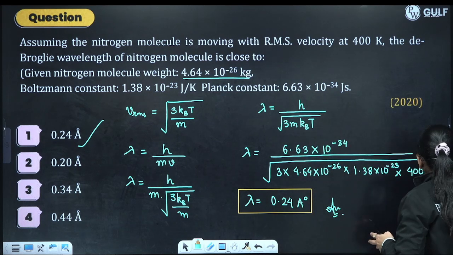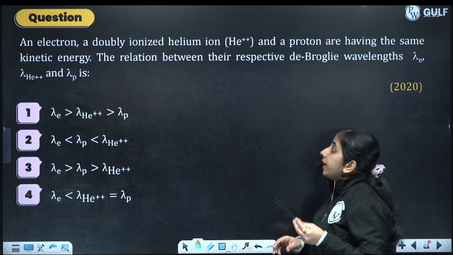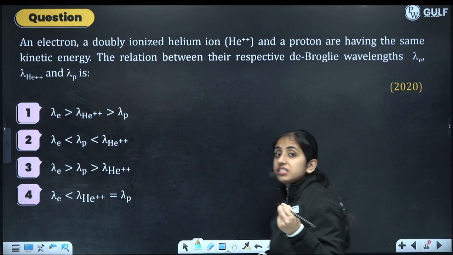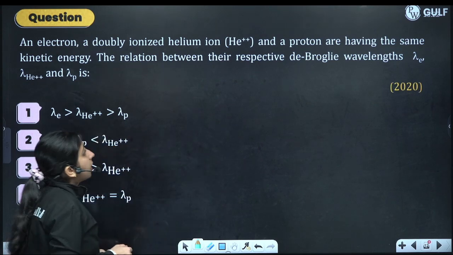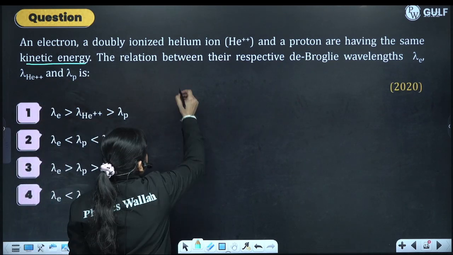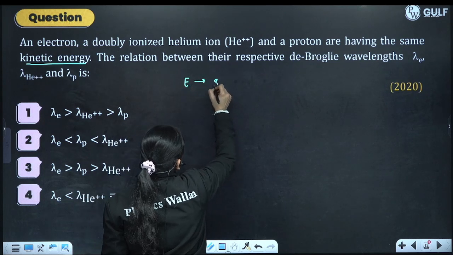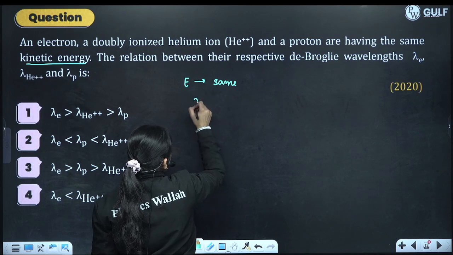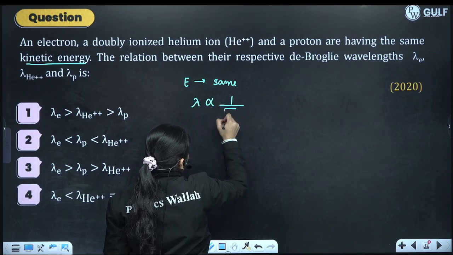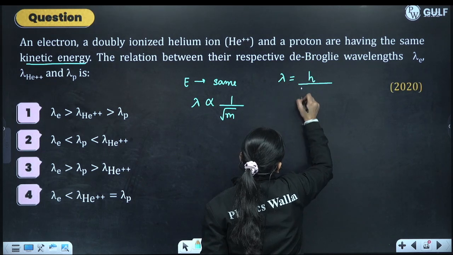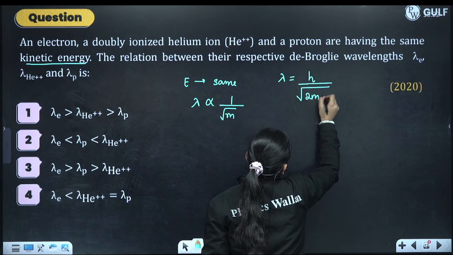See next question. An electron, doubly ionized helium, which is nothing but an alpha particle, and a proton are having the same kinetic energy. If E is same, lambda is inversely proportional to root m, because lambda is equal to h by under root of 2mE.